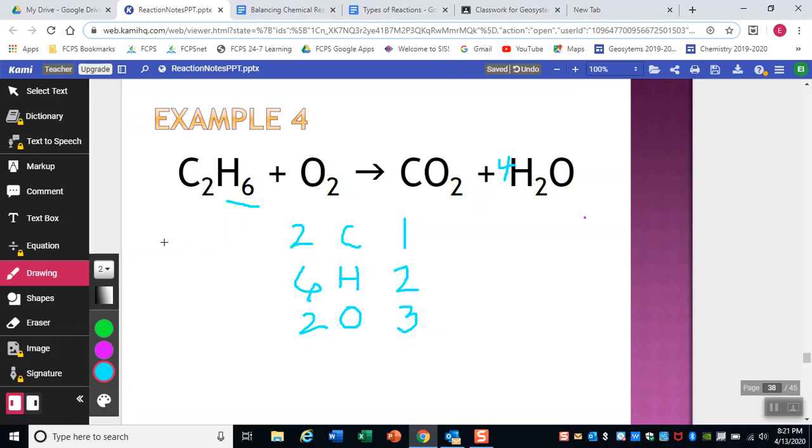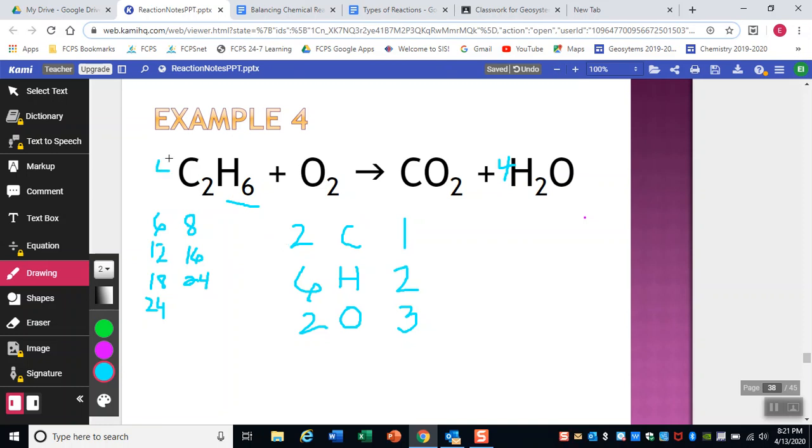All right. So if I count by 6s, that would be 6, 12, 18, 24. All right. And if I count by 8s, that would be 8, 16, 24. So maybe I'll shoot for 24 hydrogens.